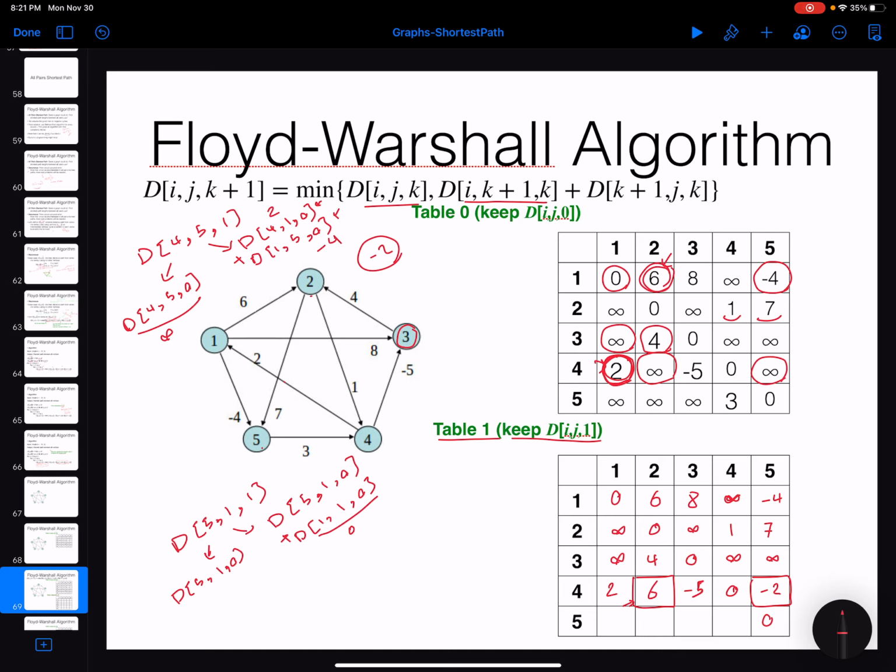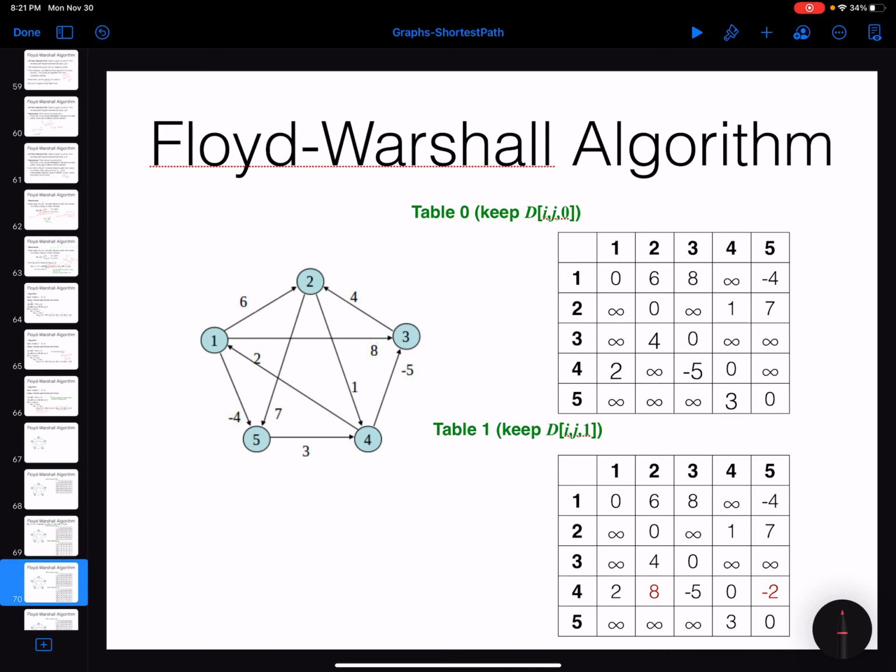This one is 0, this one is infinite, and this one is infinite. So basically this one is going to be infinite. Now I think all of these ones are going to be infinite anyway. Basically the reason is that you cannot go out of 5 and reach to 1 using just one edge. So all of these ones are going to be infinite.